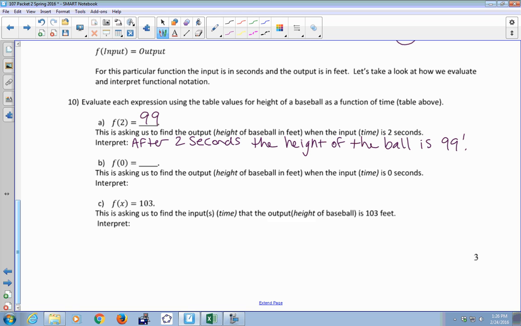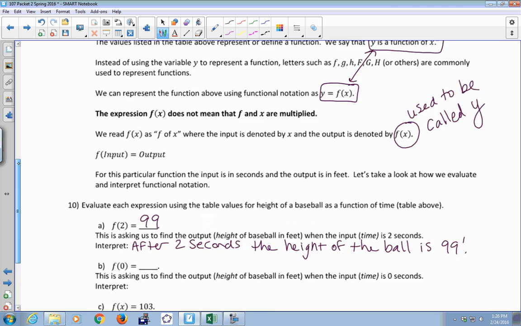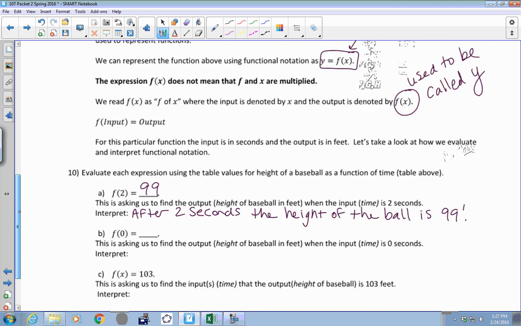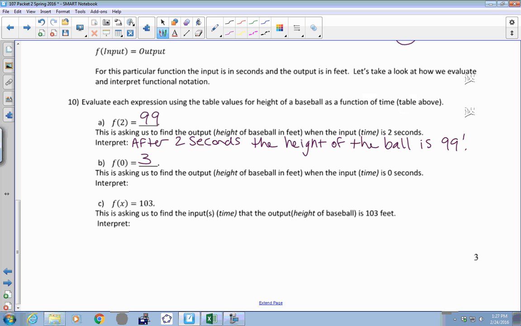Because that 0 is in parentheses, you know it's an input, it's a time. So we go to the table, we look up x equals 0, and we get 3. So what does that tell us? The initial height of the ball is 3 feet when we started tracking its height.